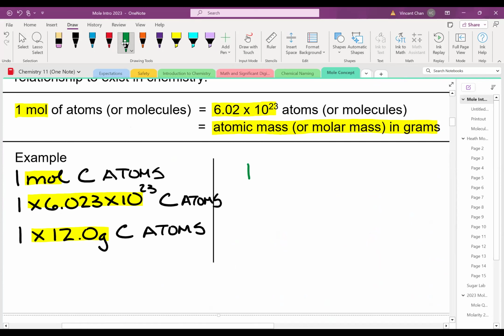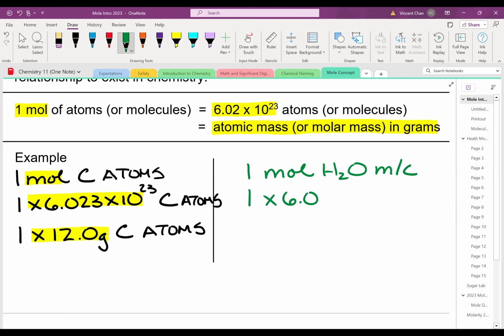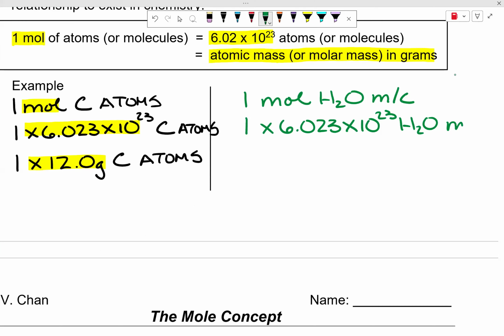So let's say I have 1 mole of H2O molecules. Now, M/C for me is molecules. So this is 1 times 6.023 times 10 to 23 H2O molecules, and that is equal to 1 times 18.0 grams of H2O molecules.